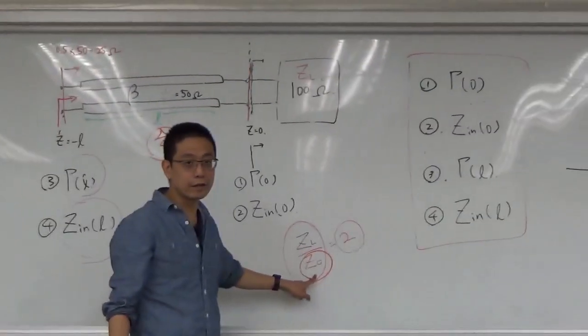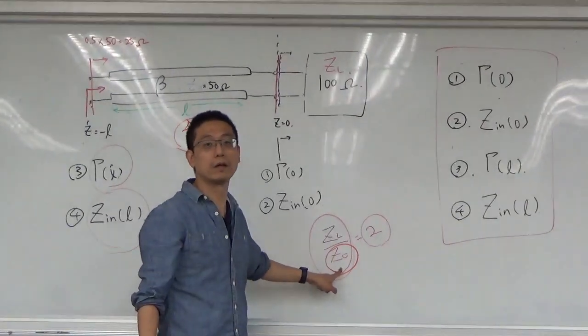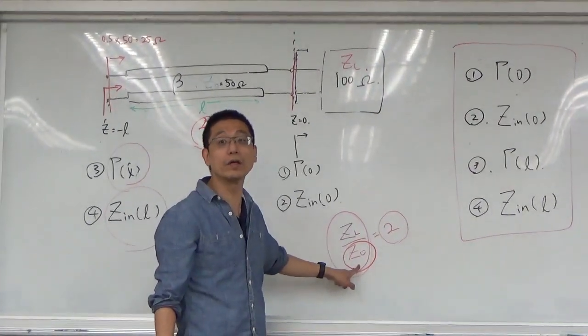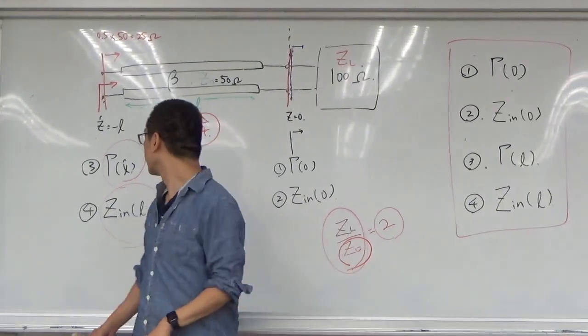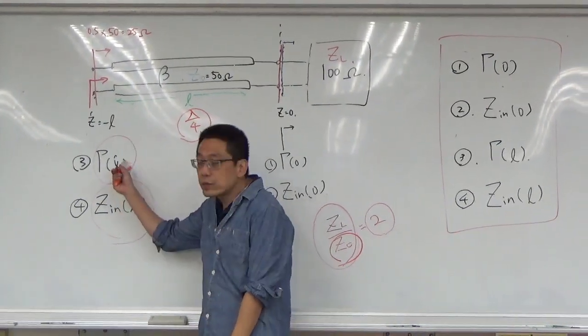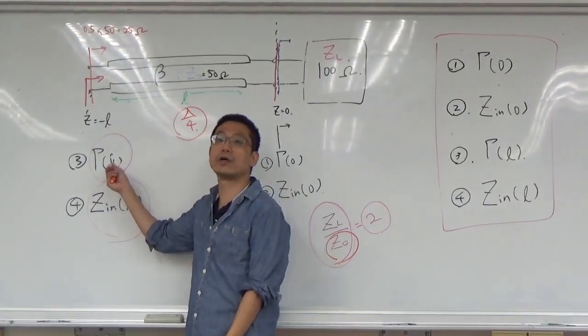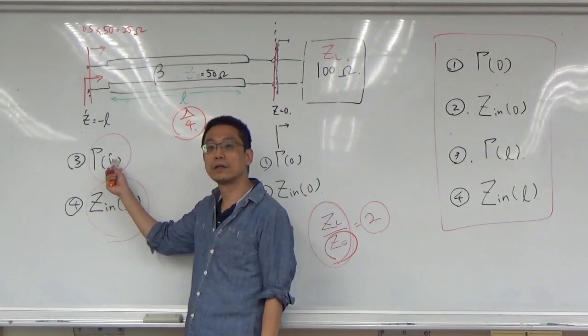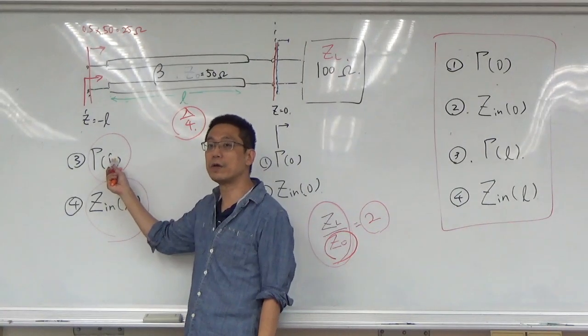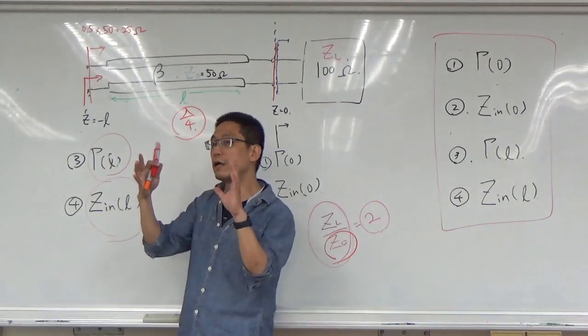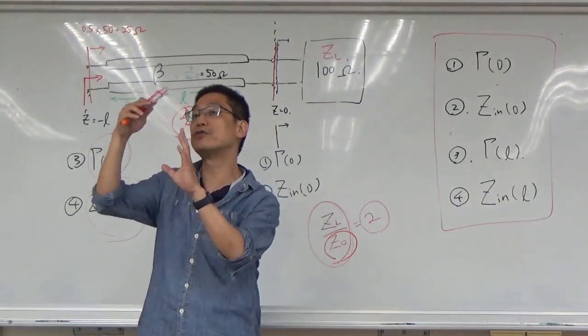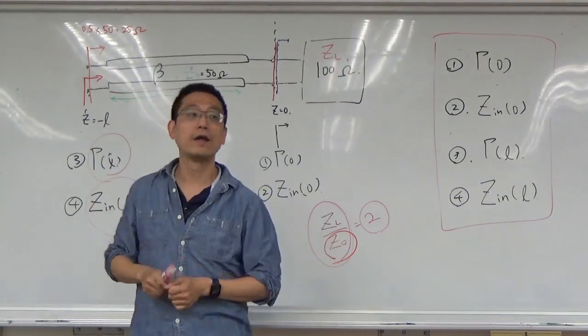So you got it? And there's more surprise, not only the input impedance but also the reflection coefficient. The reflection coefficient is a function of exponential. There is the phase, right?